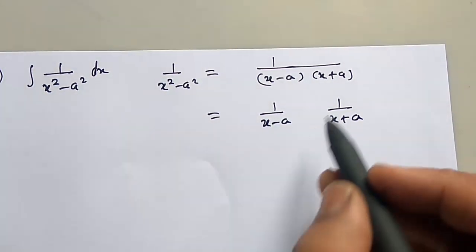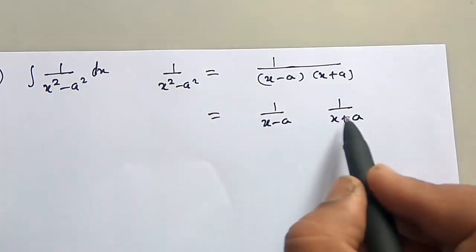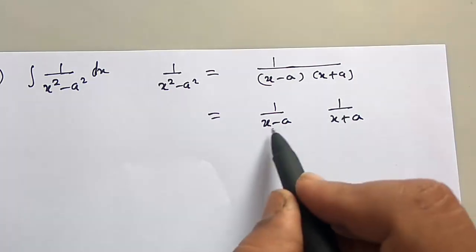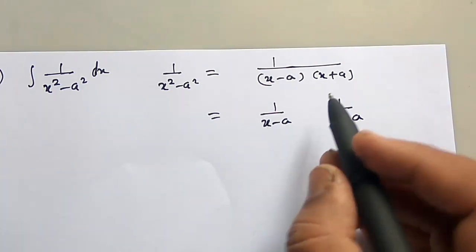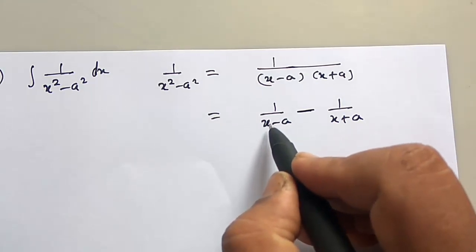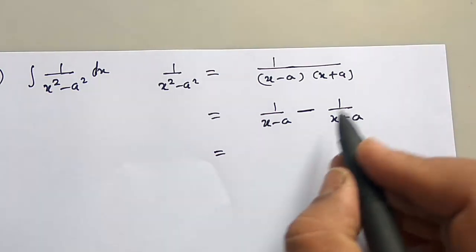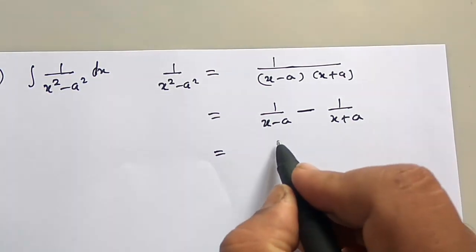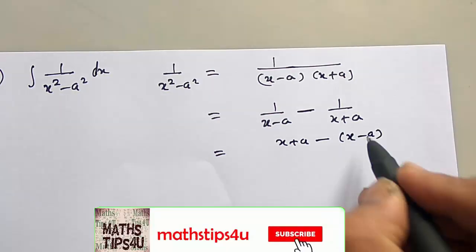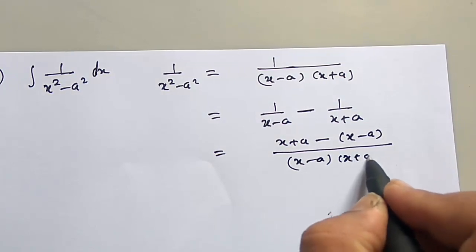Now the LCM is x minus a, x plus a. So we multiply here by x plus a, and here we multiply 1 by x minus a. So we subtract this, and we get, by simplifying, x plus a minus x minus a upon x minus a into x plus a.